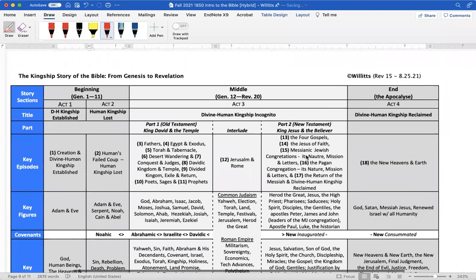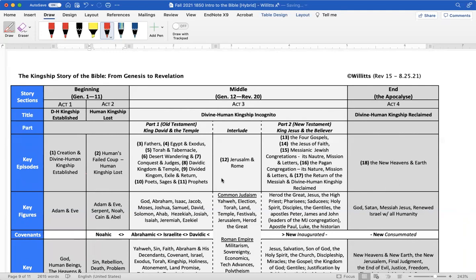This diagram has several pieces of information, and I just want to point out the key episodes here. You can see the 18 episodes that I have referenced, from creation and human kingship established to the new heavens and the new earth. And our project this semester will be to walk progressively through these 18 episodes through the narrative plot.